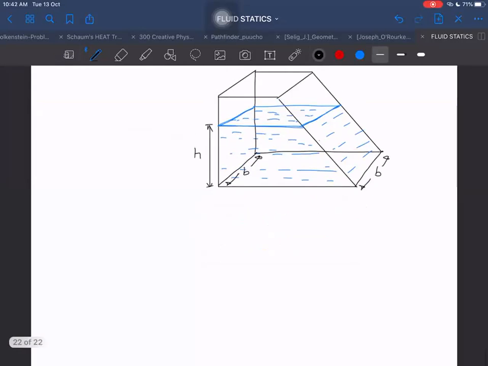It is inclined at an angle theta. One side wall is inclined, meaning it is a container which has one wall oblique, inclined at an angle theta with the horizontal. Oblique container.